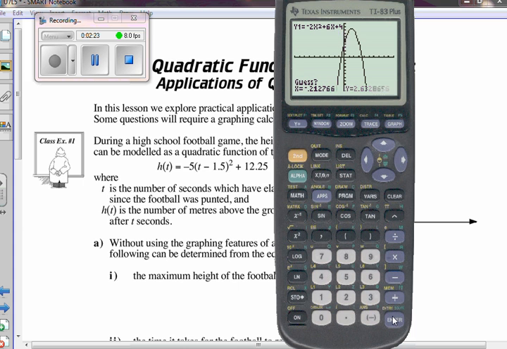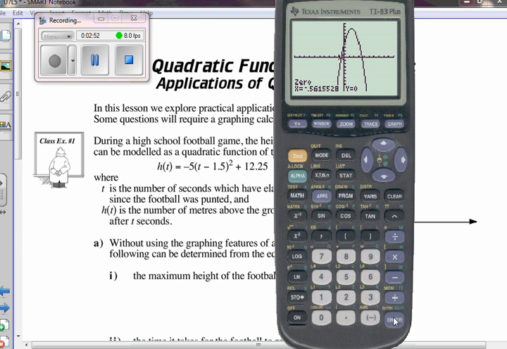Push enter. So notice how my arrows, we're saying we want the 0 between these 2 points. The arrows should always be pointing towards each other. If they're pointing outwards, you have a problem. It won't solve it. And then it says make a guess. So we go down, it's around there somewhere. Enter. And there it is. So that would be my x-intercept, -0.561. Okay, now let's find the other one.